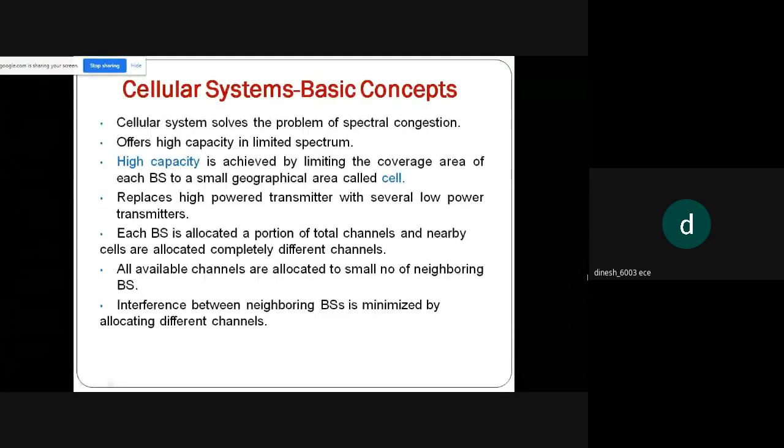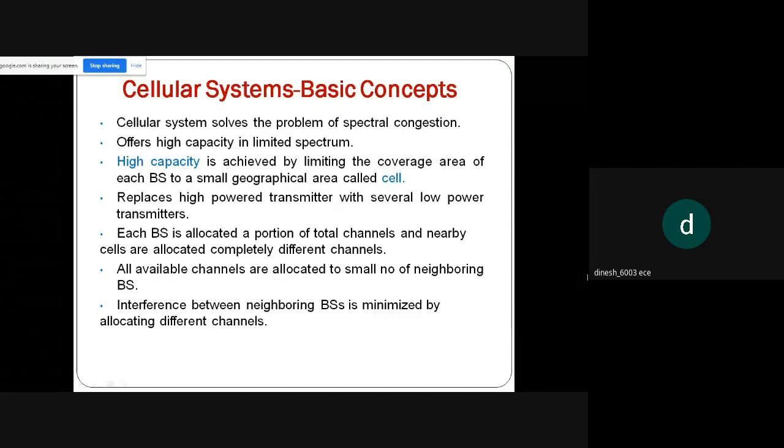So spectrum is nothing but the electromagnetic spectrum, which varies from low radio frequency signals to microwaves, and even the optical waves. All of it comes under your spectrum.